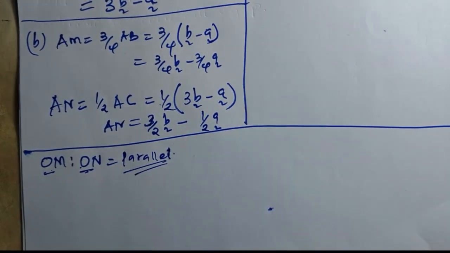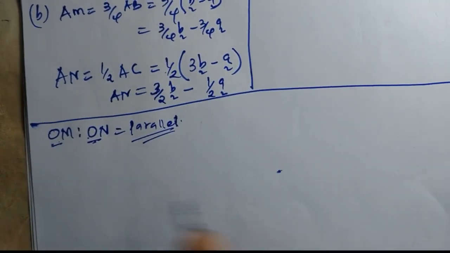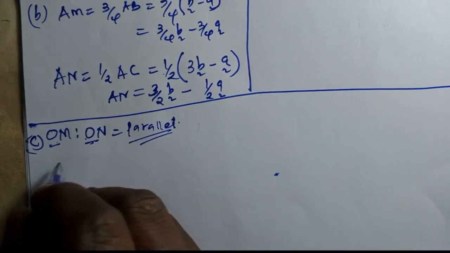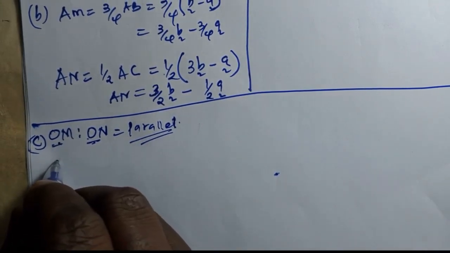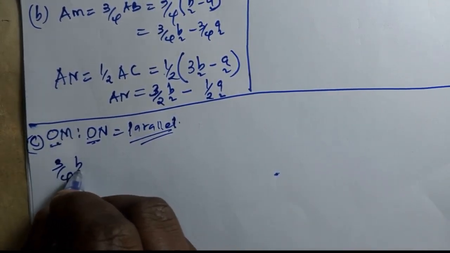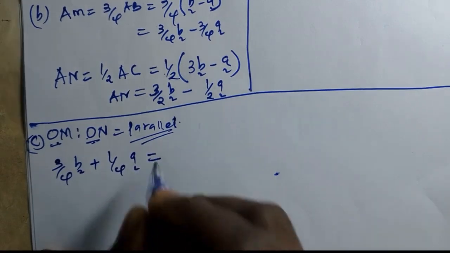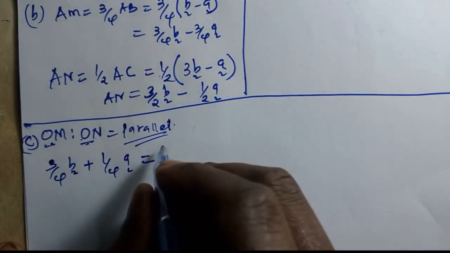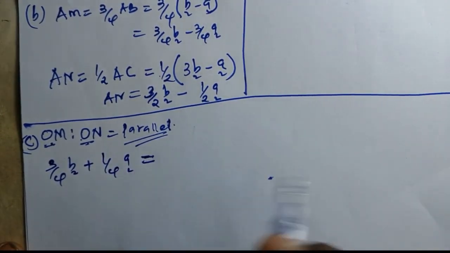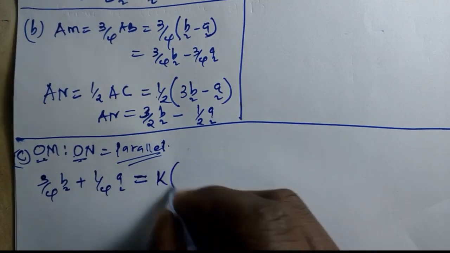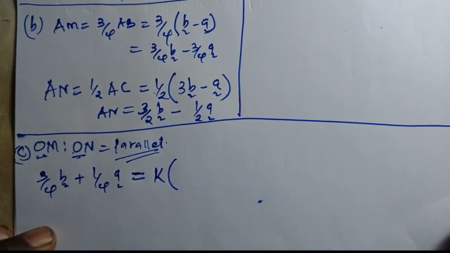Now that's what we want to show. Let's show now. We are at part C. So we have OM, which is 3 over 4B plus 1 over 4A, which is equal to, we can now introduce a constant k, which would equal k ON.